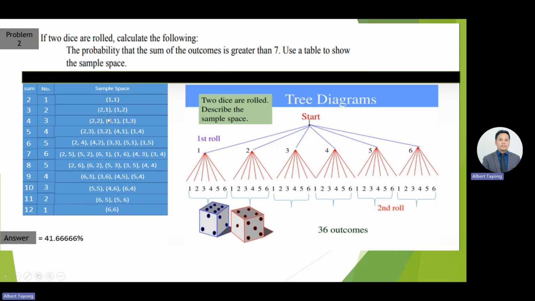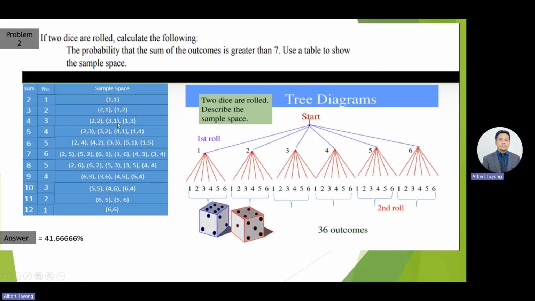Okay, to get 3, there are 2 pairs. That's 2,1 and 1,2. For 4, we have 3. That's 2 plus 2, 3 plus 1, 1 plus 3. So in your exam, this is in any order.